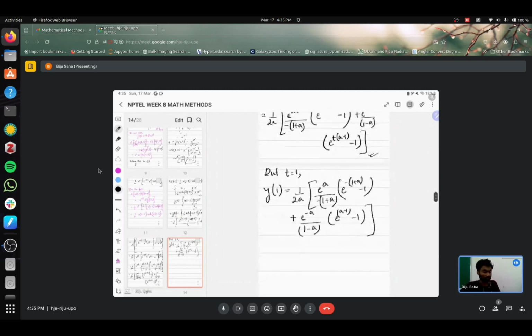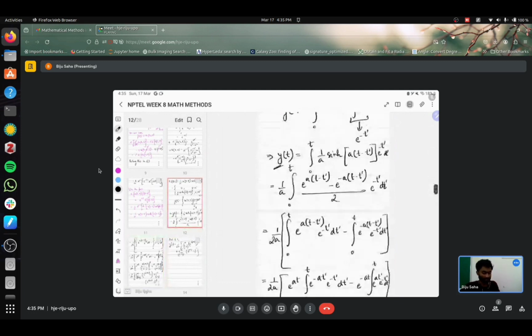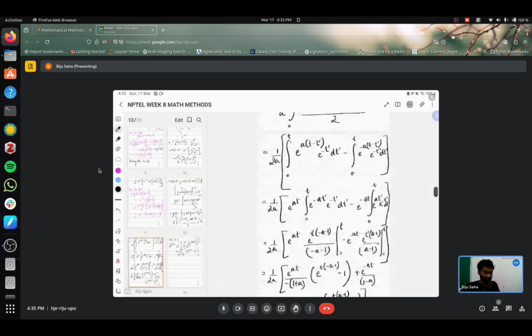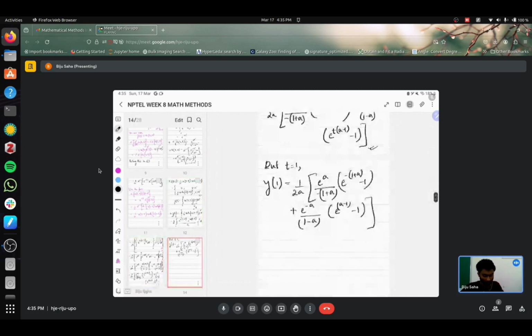So basically what I did is I obtained the Green's function, then from the Green's function I came to the original solution, that is the solution of y, and from there I could obtain the value of y at t equal to 1.